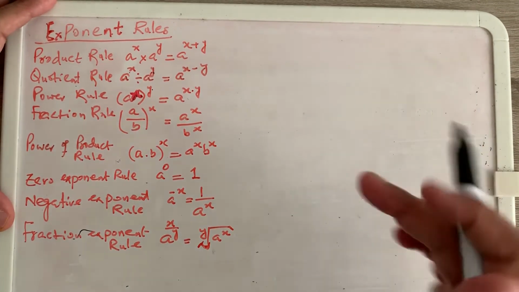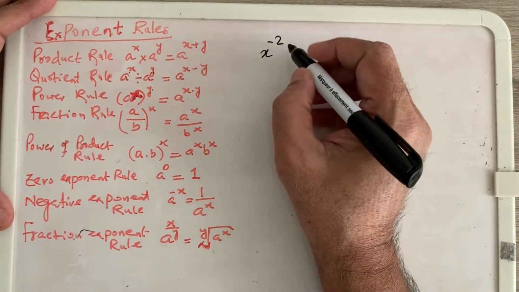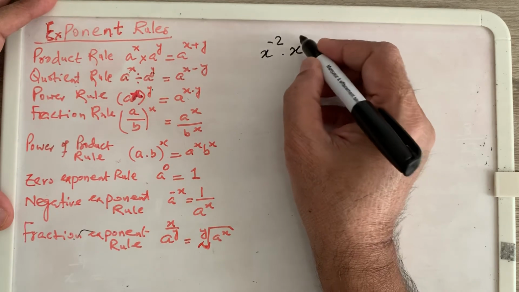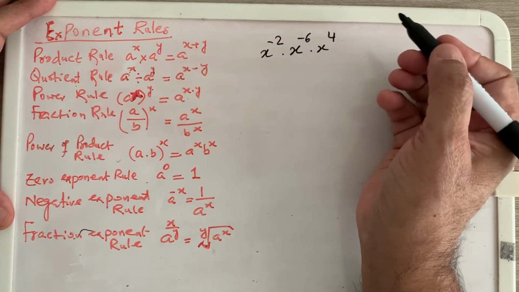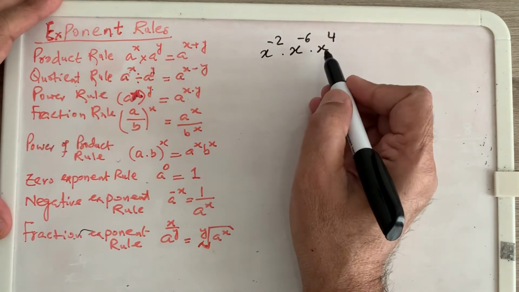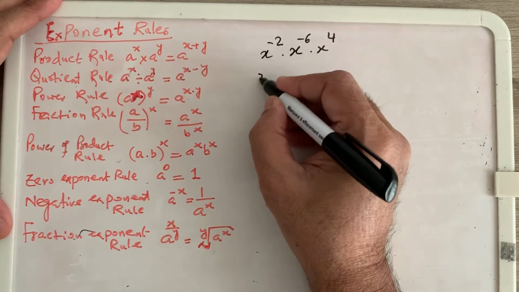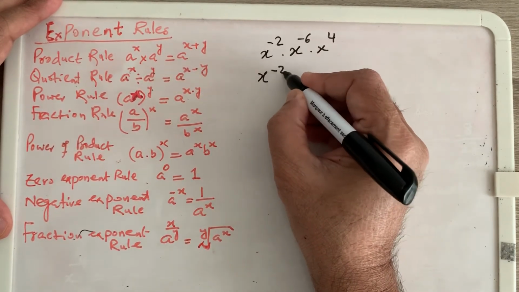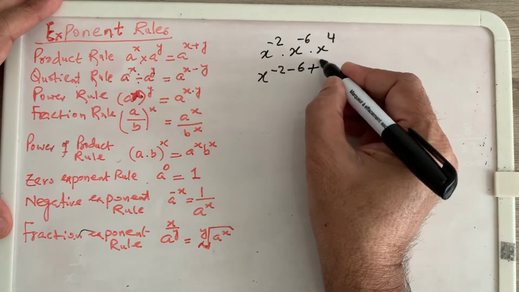So if we have x to the power minus 2 multiplied by x to the power minus 6 multiplied by x to the power 4, let's say it's a simple example. It is a multiplication, the base is the same, and my rule says the powers are to be added or subtracted. So 2 minus 6 plus 4.